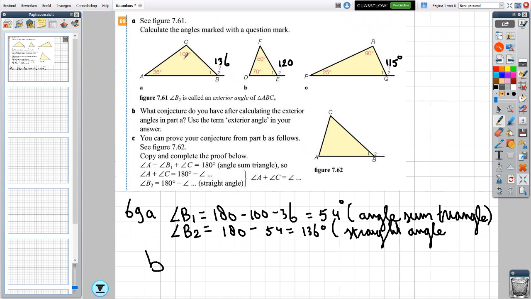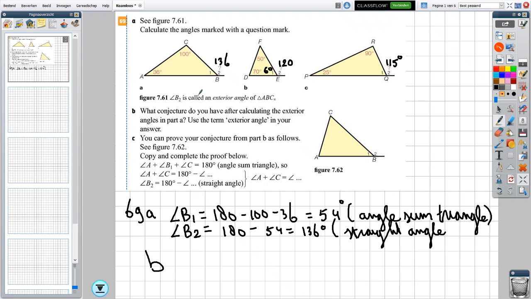Hey, that's strange. 136 is the same as those two angles combined, 100 plus 36. Let's see if that's the case here as well. This angle right here should be 60 degrees. Hey, 120 is equal to 50 plus 70. And here 115 is equal to 90 plus 25.